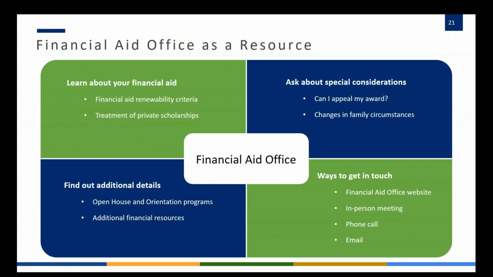If they're expecting a lot of outside private scholarships and they have a very good financial aid award from the school, then they'll want to know how that college is going to treat those outside private scholarships. Because families do need to report those private scholarships to the financial aid office, and they do need to apply those to the financial aid award.